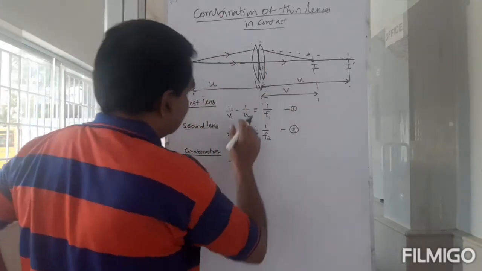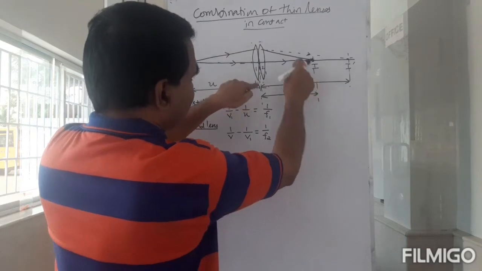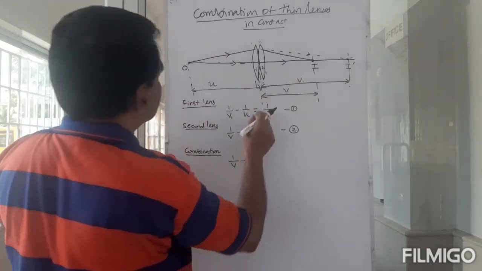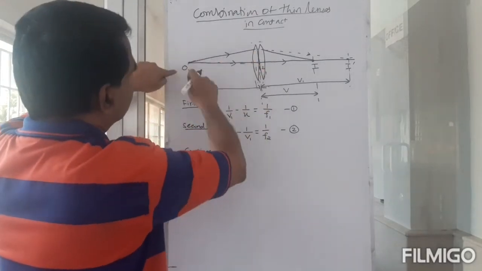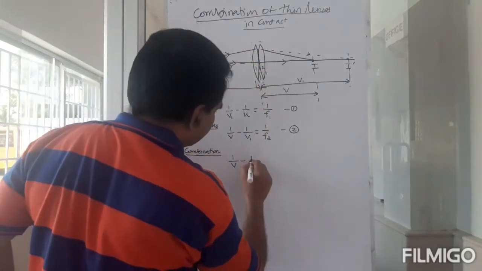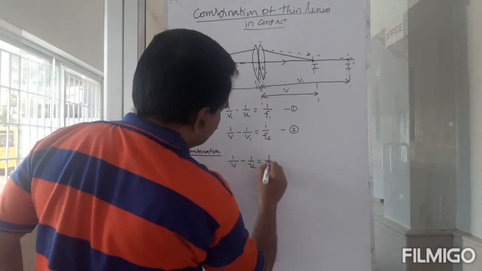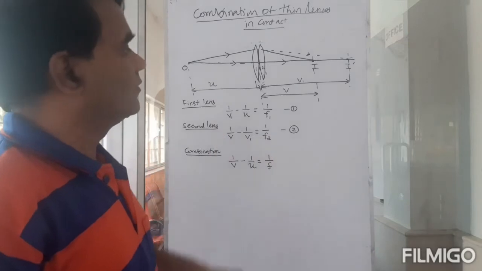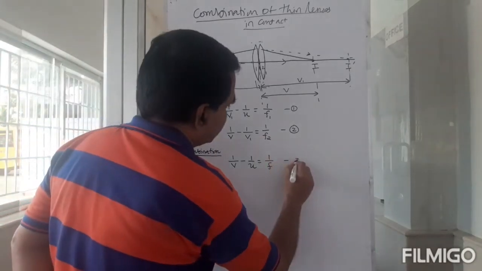So what is the combination? This: 1 by V minus 1 by U equals 1 by the focal length of the combination. So this is my equation 3.